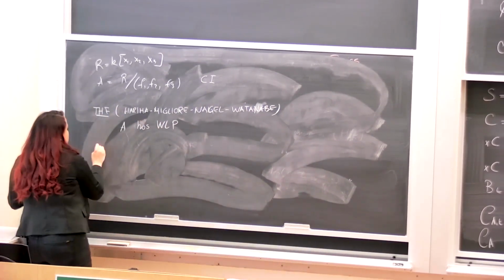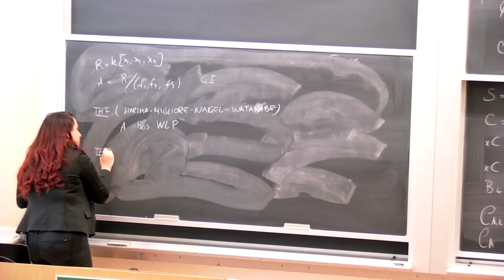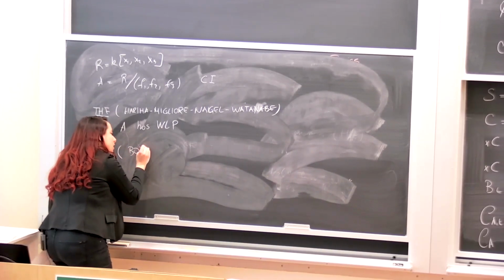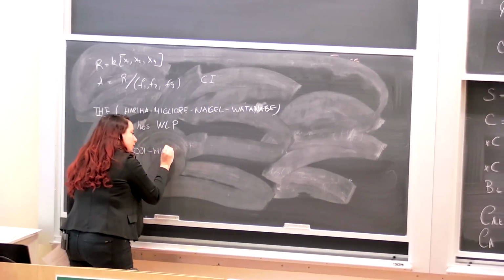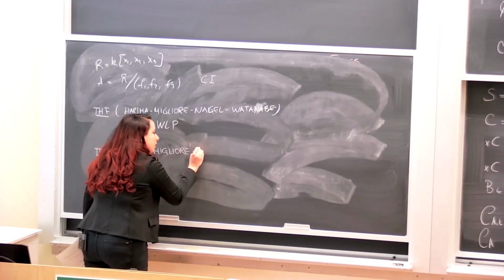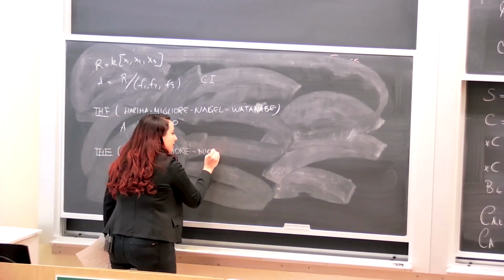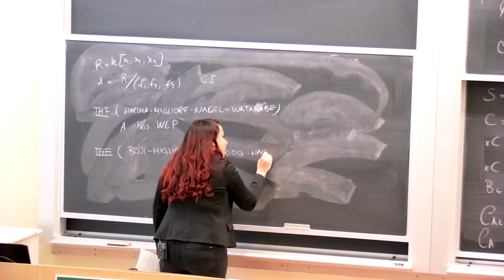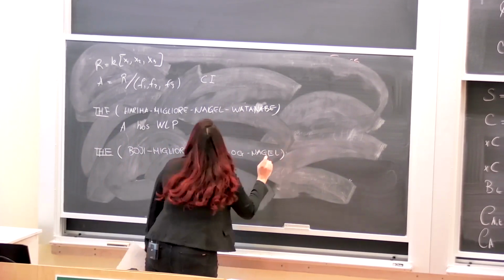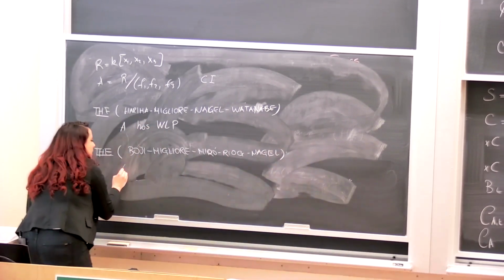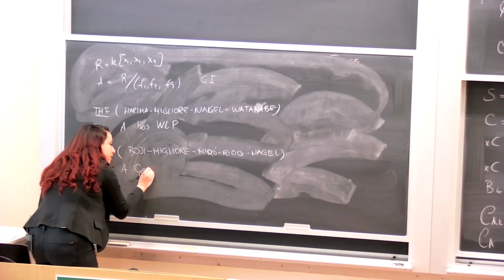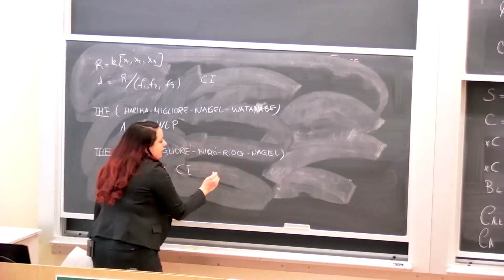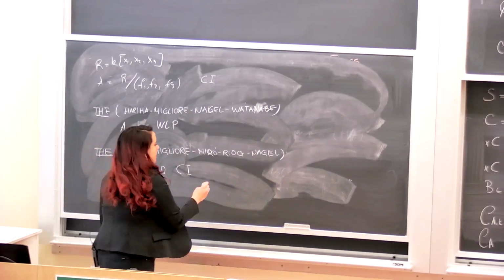Moreover, from Migliore, Miró-Roig and Nagel, we know that for a general complete intersection, the non-Lefschetz locus for the lines has the expected codimension.